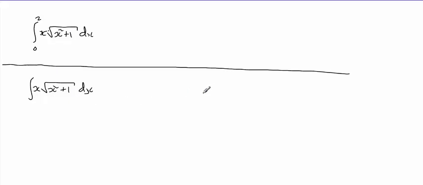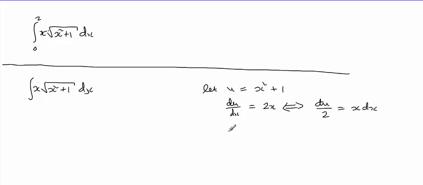So then I will let u be equal to x squared plus 1, du dx equals 2x plus 0, which is this. What we're doing here is common in the two approaches. Then this would be equivalent to du over 2 equals x dx.